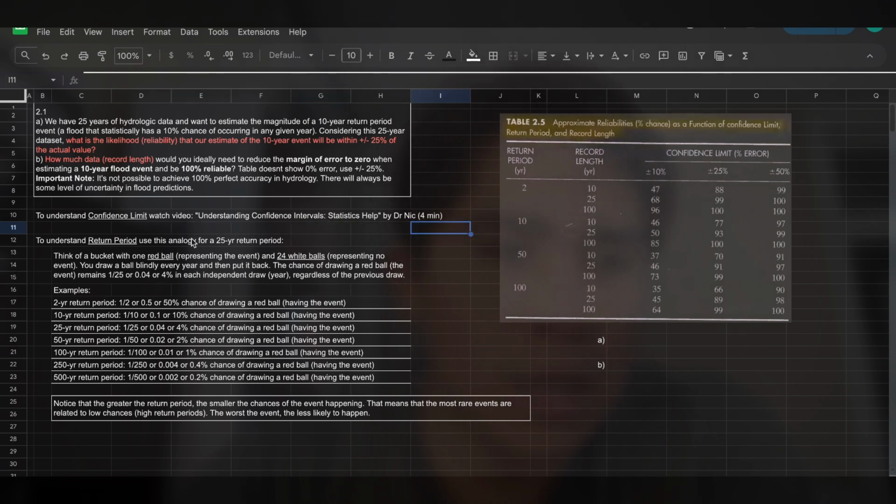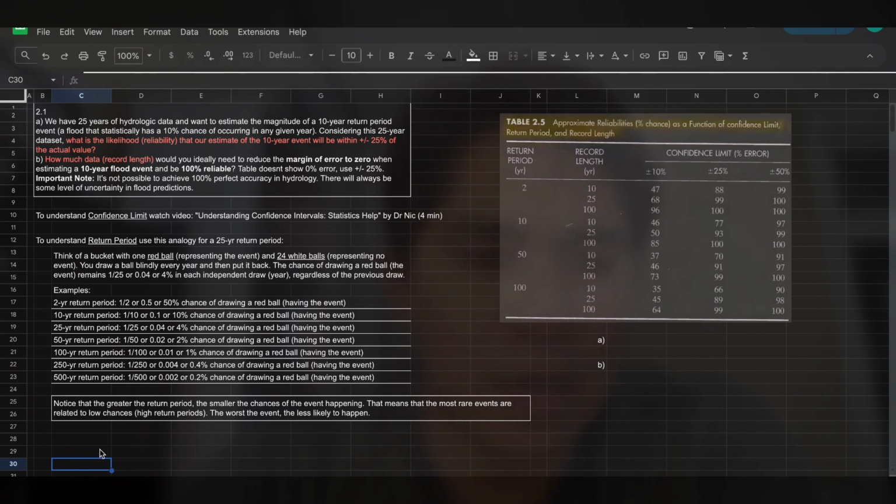I also want to explain what return period is. This is a concept that took me a while to understand, and I feel the reason it took me so long is that I never could find someone who could explain it as clearly as it needed to be.